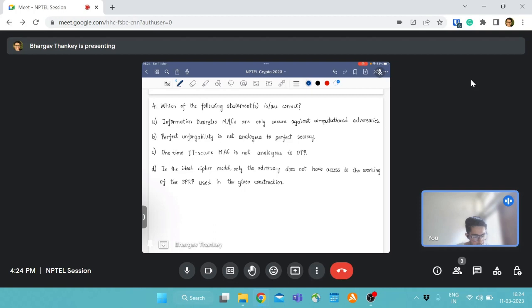And option D is, in the ideal cipher model, only the adversary does not have access to the working of the SPRP, that is strong pseudo-random permutation, used in the given construction. So which of these are correct?